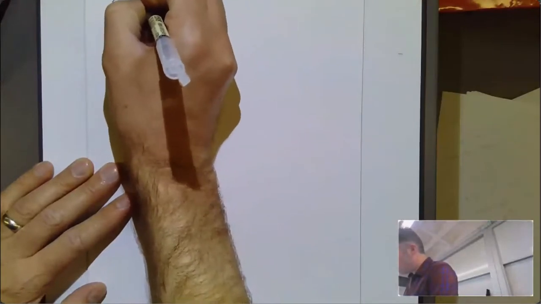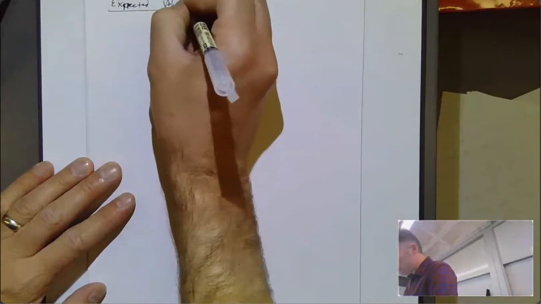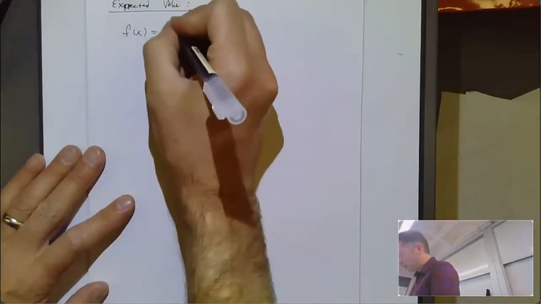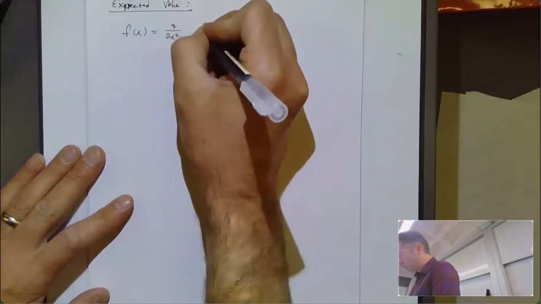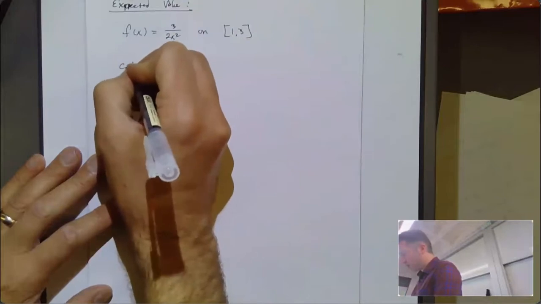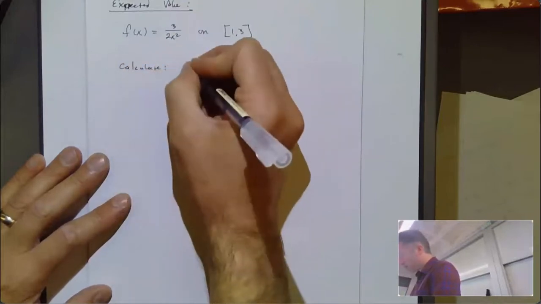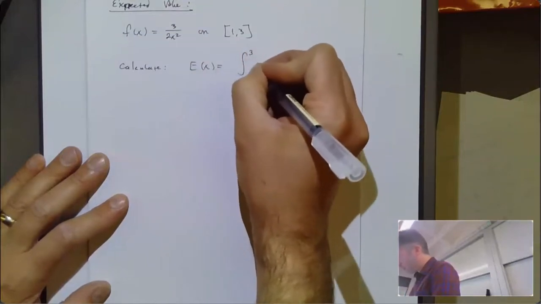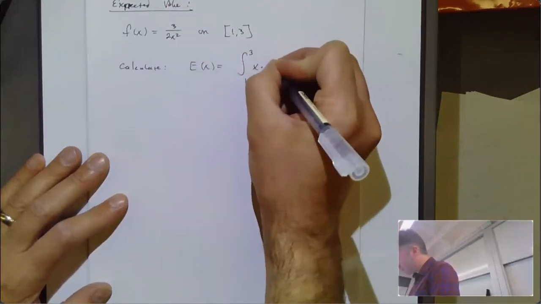Expected value. All right, so our PDF is 3 over 2x squared on the interval from 1 to 3. So we're just going to calculate the integral from 1 to 3 of x times our PDF.